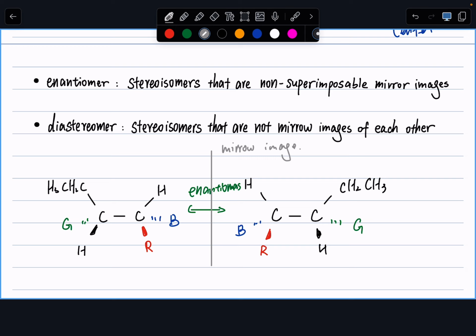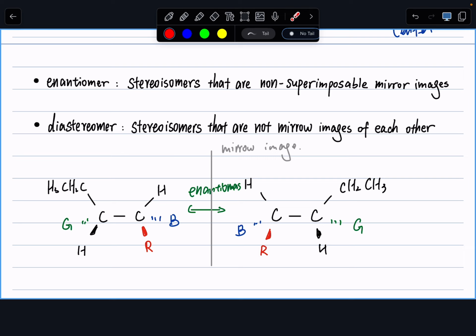What about diastereomers? Diastereomers are stereoisomers that are not mirror images of each other. Stereoisomers means we have the same connectivity but different orientation in space.